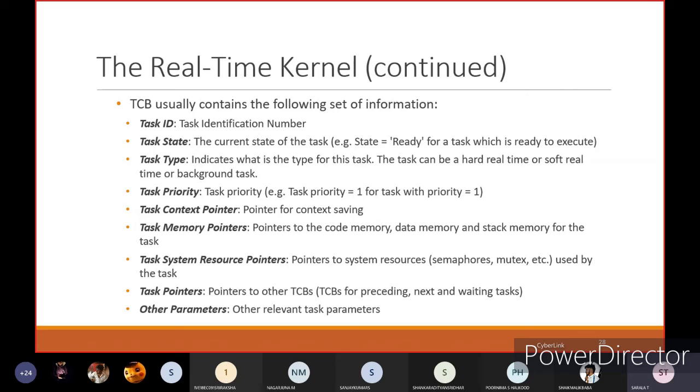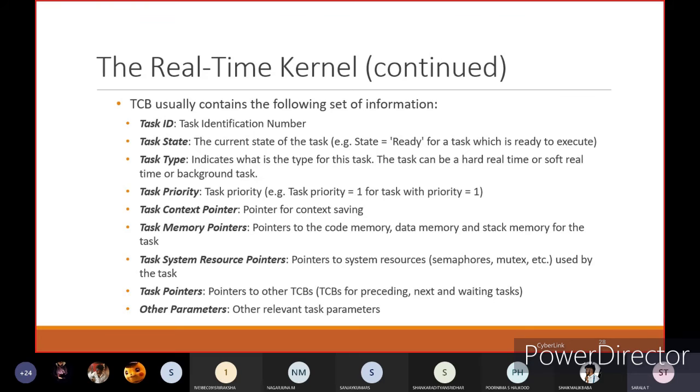Then task priority. Priority equal to 1 is for the task with the highest priority, and the remaining tasks will have the remaining numbers related to their priority. Then the task context pointer: a pointer for context saving, and pointers to the code memory, data memory, and stack memory of the task.